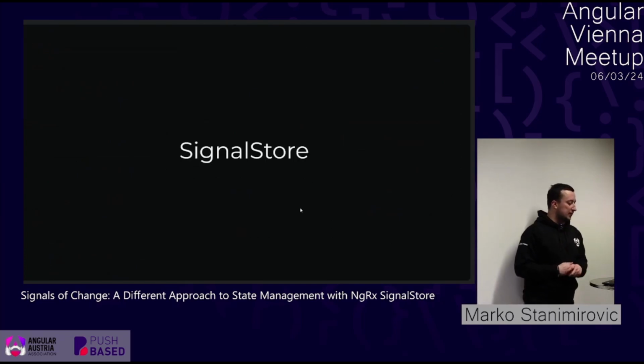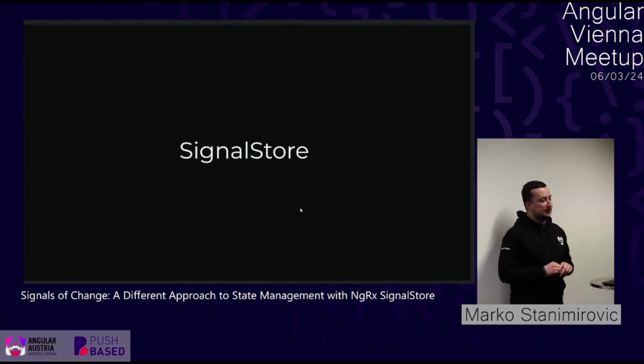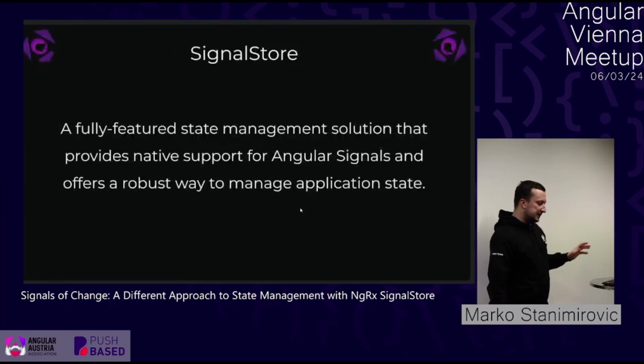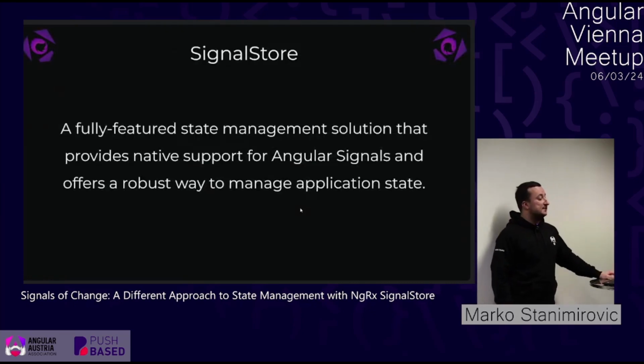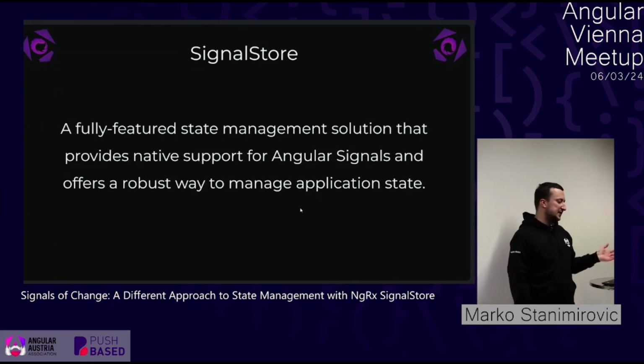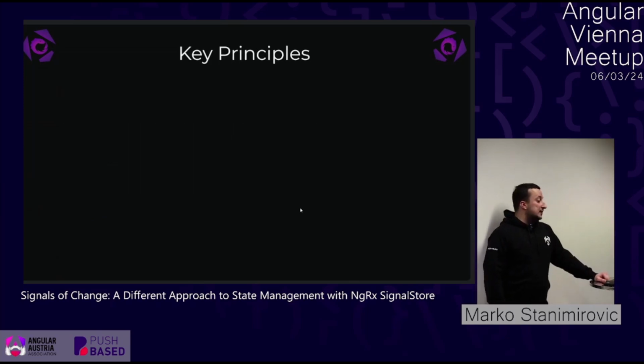Okay, let's now talk about our main topic for today, about SignalStore. SignalStore is a fully featured state management solution, and it provides native support for Angular signals and offers a robust way to manage the application state. This is by definition. It's built with some key principles in mind.